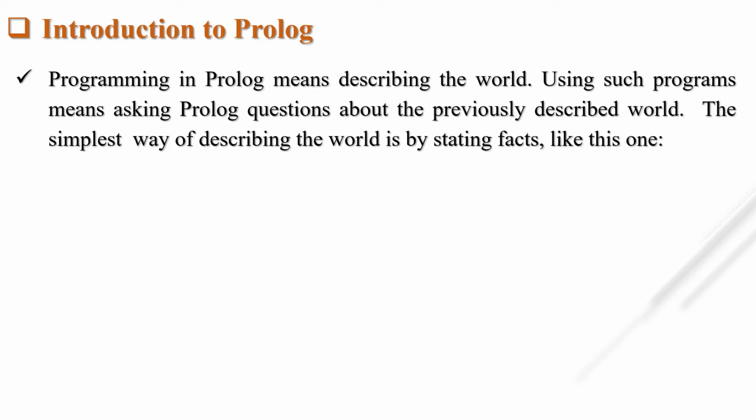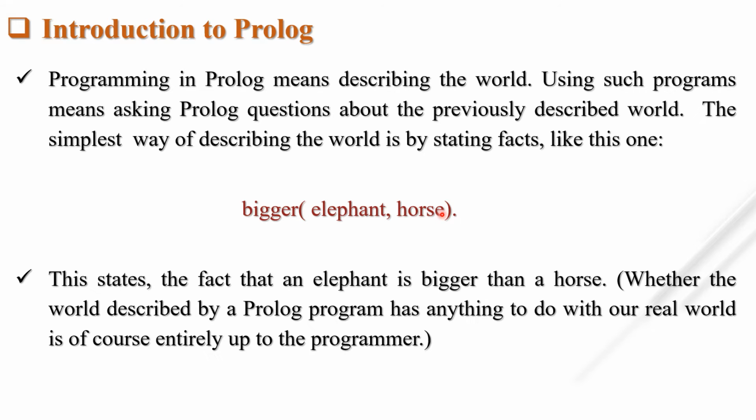Programming in Prolog means describing the world. Using Prolog means asking Prolog questions about the previously described world. The simplest way of describing the world is by stating facts, like bigger(elephant, horse). This states the fact that an elephant is bigger than a horse.